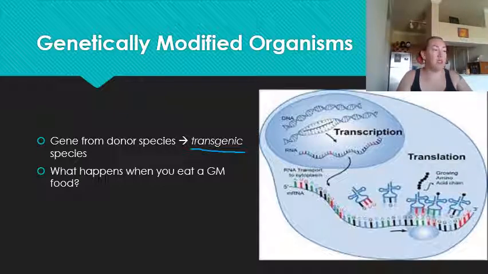Now, the DNA that makes up the gene in the corn that makes it not killed by Roundup, that's just DNA. You're just eating all of the normal macromolecules and macronutrients in that corn if you wash it off. Or if it wasn't sprayed, like in the study, they didn't even spray it.